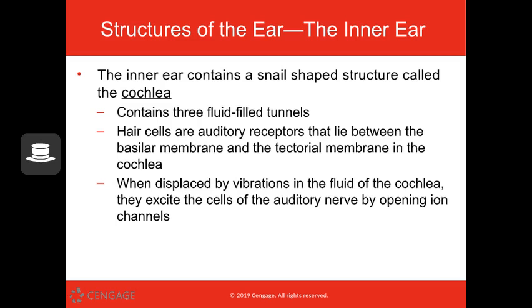Those hairs, when they're displaced by the vibrations of the fluid in the cochlea, will excite cells of the auditory nerve by opening ion channels. It's a long process, but essentially you're trying to get these little hairs vibrating, because those hairs vibrating are going to signal to the brain that sound is happening.